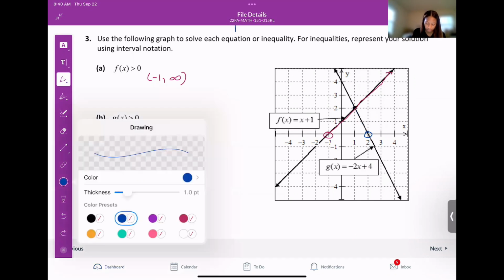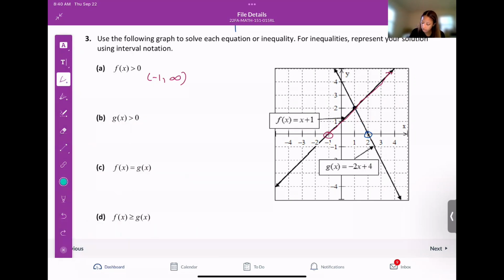I need a brighter color. That's better. For x values less than 2, the graph is above the x-axis. So our solution for part B would be negative infinity all the way up to 2.